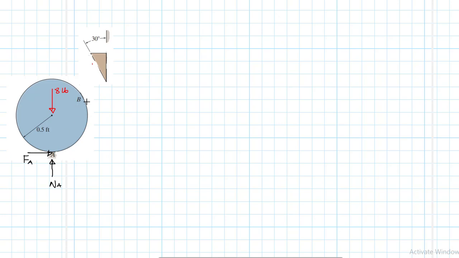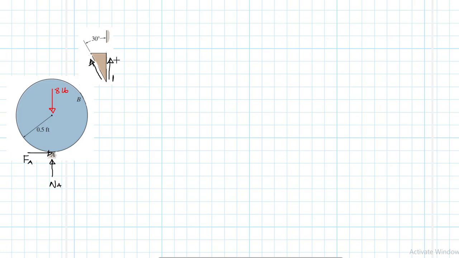At B, as we are placing the wedge between the wall and the cylinder, we expect some reaction forces: friction forces in this direction, resisting the downward movement.